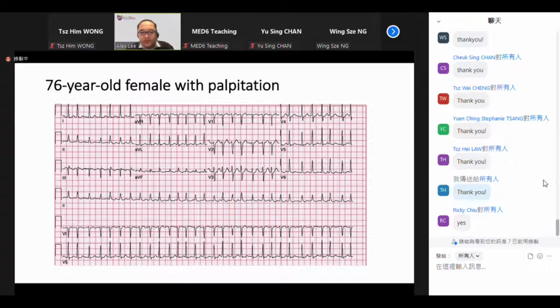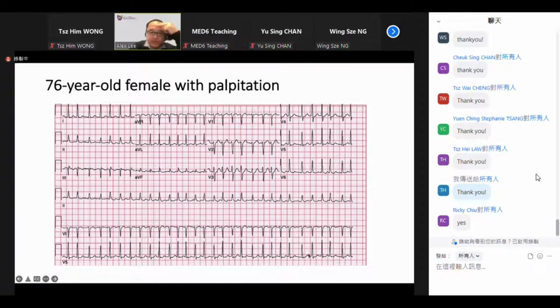So there's another way to calculate an average heart rate in patients with atrial fibrillation. Do you know how to do that? We can take 10 seconds and multiply it by 6. All right, so how long is 10 seconds on the ECG? How do you know it's 10 seconds? I think it's like 50 large boxes. Right.